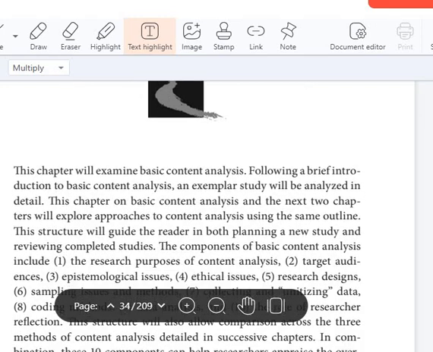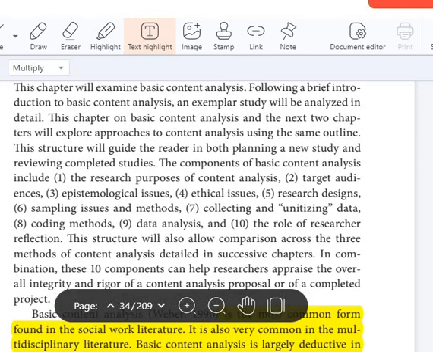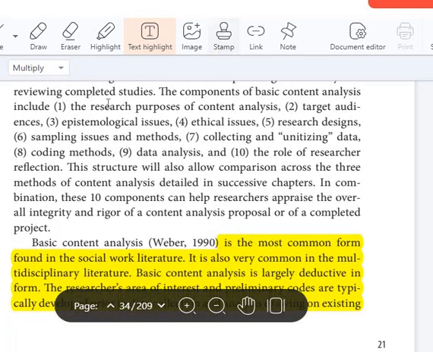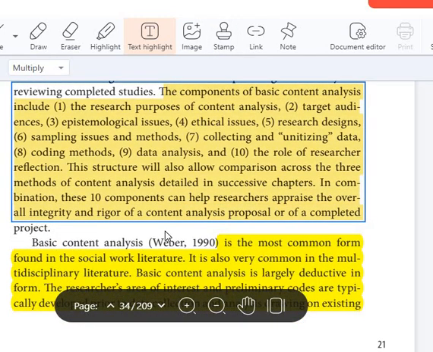Here this chapter will focus on these components, okay? All these components. We shouldn't learn them by heart. We just should understand how this book tries to examine the basic content analysis through examining the research purposes of content analysis, the target audiences, what are the audiences of basic content analysis, and the epistemological issues.